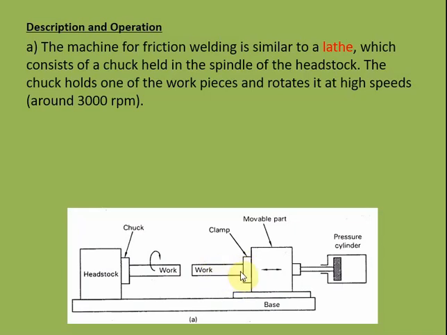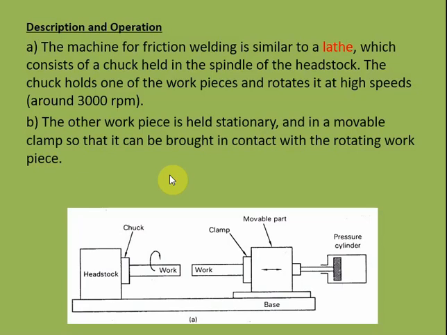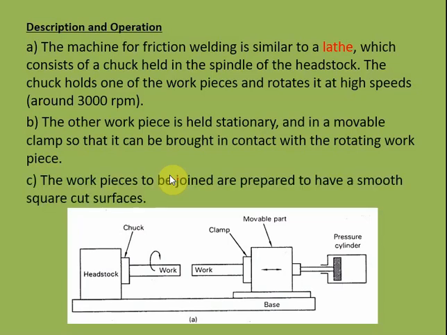The work cannot be rotated here, but on the chuck or headstock side, the work will be rotated. This movable part, the tailstock, is connected to a pressure cylinder which is used to push the movable part towards the headstock. So this is the overall construction of this system.